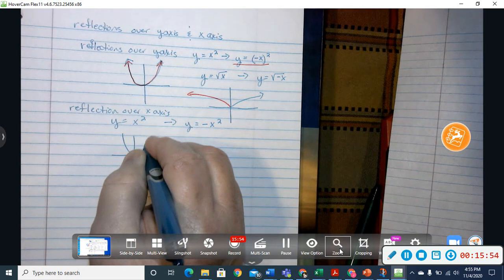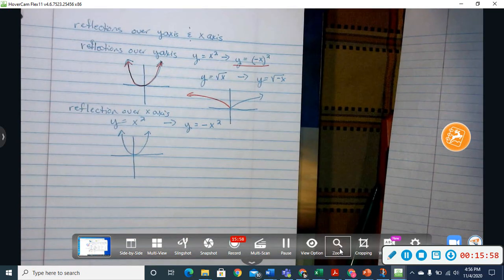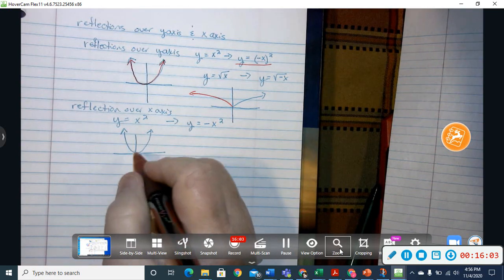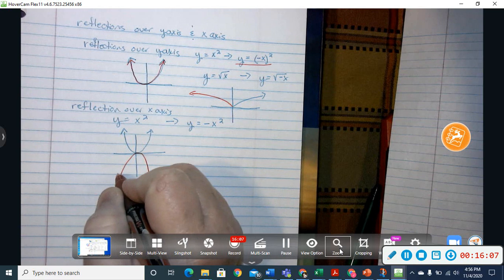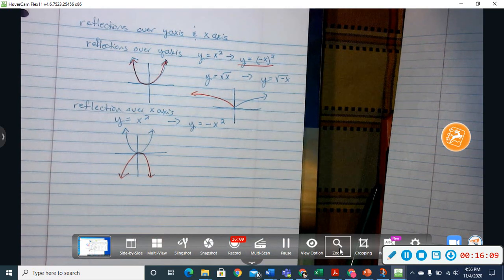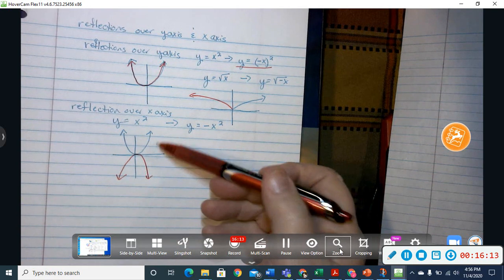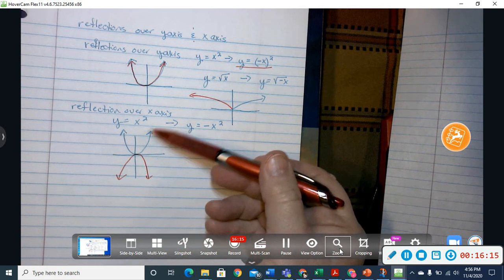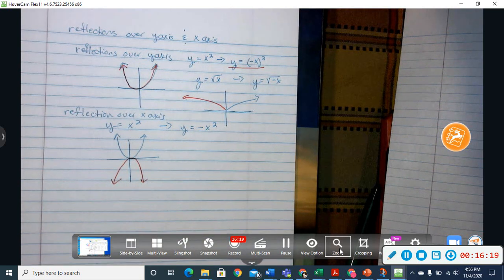So our graph, which is normally y equals x squared, opening up, has now reflected over the x-axis and becomes concave down. So that is a reflection over the x-axis. It flipped from going up to going down, which reflects it over the x-axis.